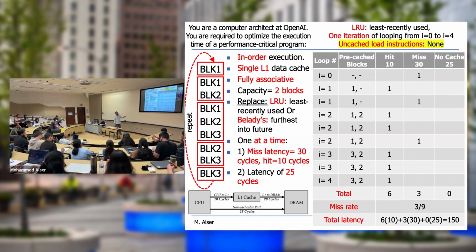So we cannot add 2 over here. We will add it later on over here, okay? But we are working on it in this line. Now we got a miss because there is no block 2 over here. We'll bring it from DRAM, and we have to pay the total cost of 30. So we have 1 over there. It means we are using the 30 over there. As I said, it's up to you. You can write 30 over here. You can add whatever sign indicating that I'm in that column.